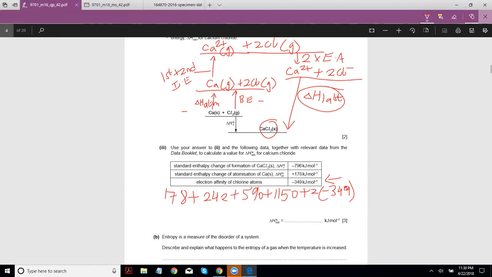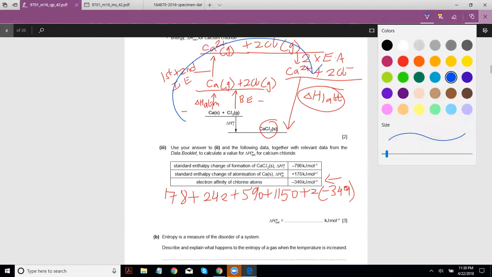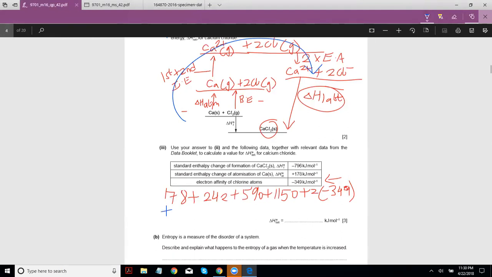Where have we reached? We basically went all the way like this. And if you now add the enthalpy change of lattice formation, this should equal delta HF, the enthalpy change of formation.